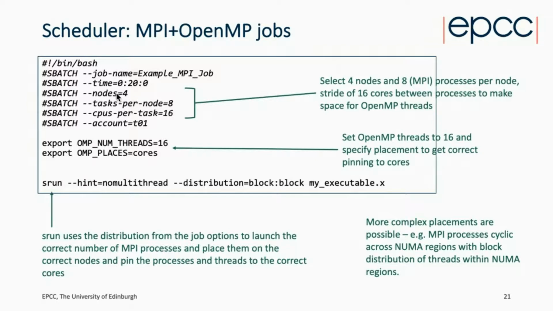So this is essentially saying 4 nodes, 8 tasks per node, and this sets a stride of 16 cores between each of those MPI processes to make room for the OpenMP threads. And then we set OpenMP threads to 16, give it a hint about how to place them, and there are some other options about how you distribute the tasks around the node.